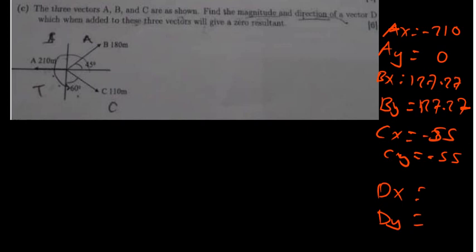Hey guys, 0 resultant. So the resultant is 0, meaning that we have Rx equal to R cos theta. Even if you don't know the angle, since R is 0, what will be everything here?